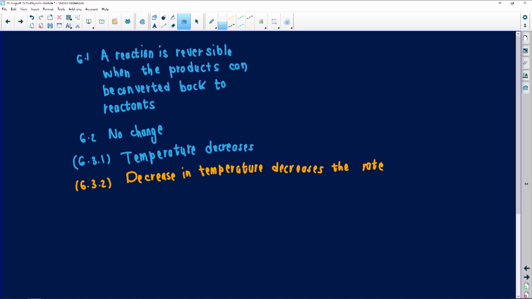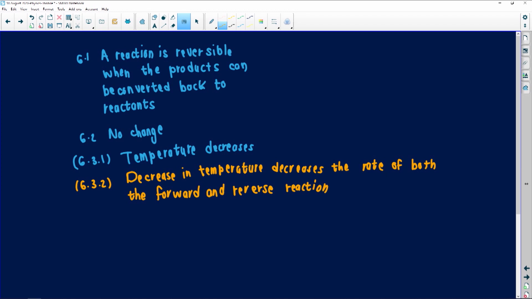We know that the particles will lose kinetic energy, moving back to the kinetic molecular theory, for both the forward and reverse reaction.